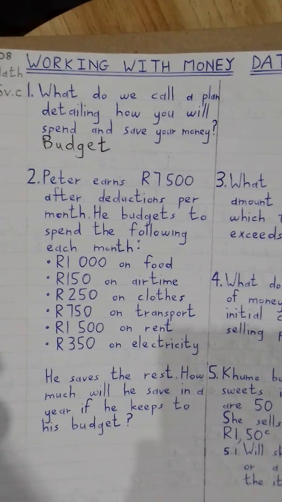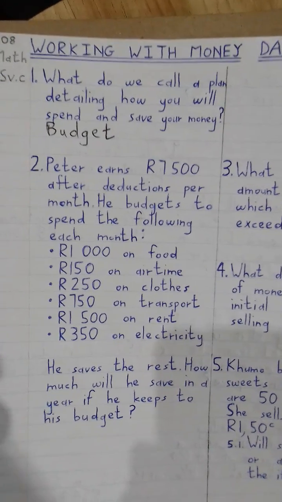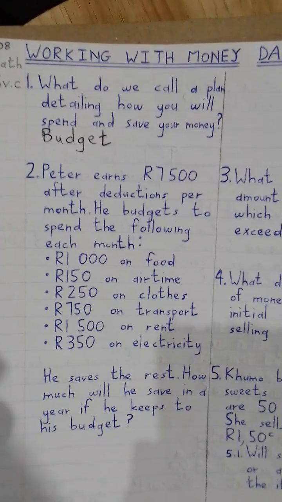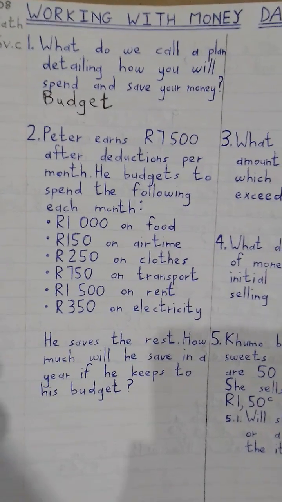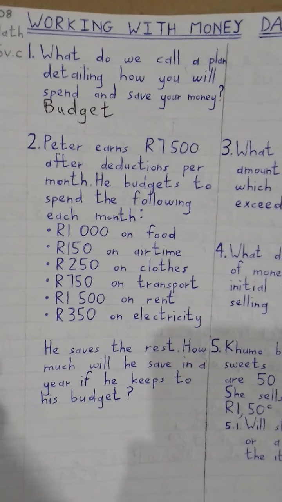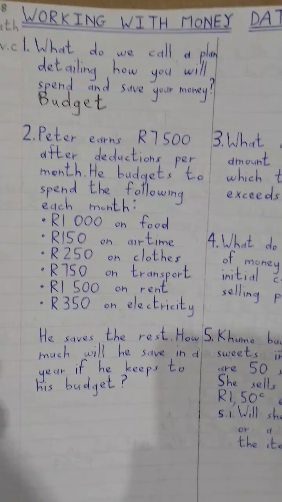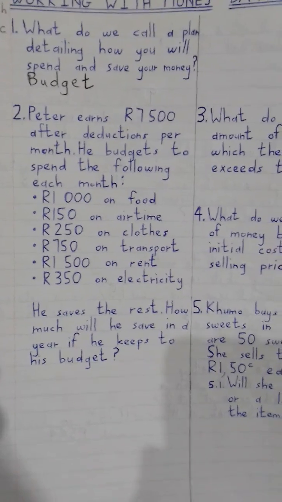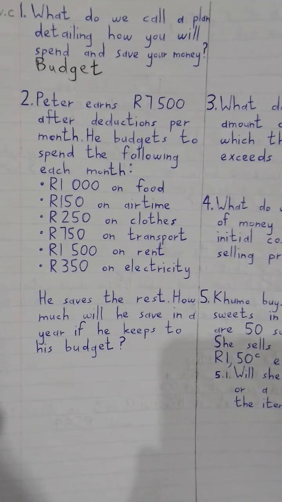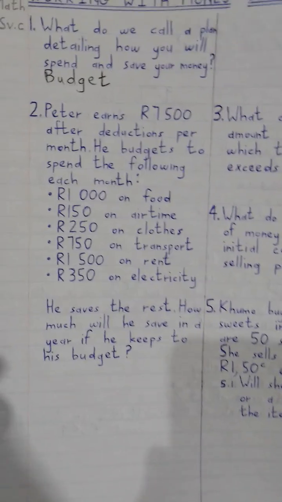Number 2 states, Peter earns 7,500 after deductions per month. He budgets to spend the following each month: 1,000 rand on food, 150 rands on airtime, 250 rands on clothes, 750 rands on transport, 1,500 rands on rent, 350 rands on electricity.